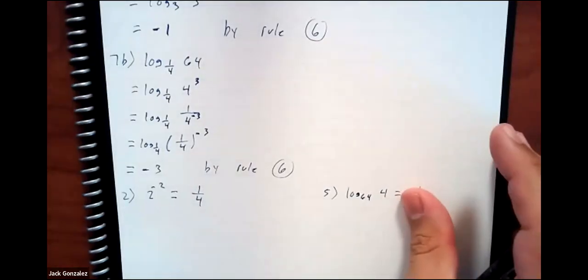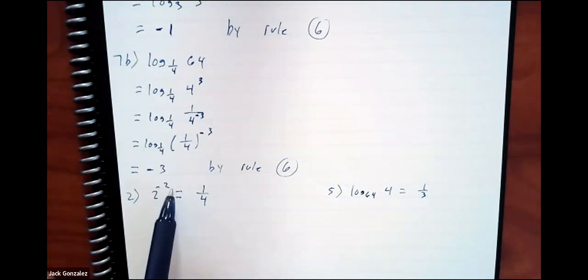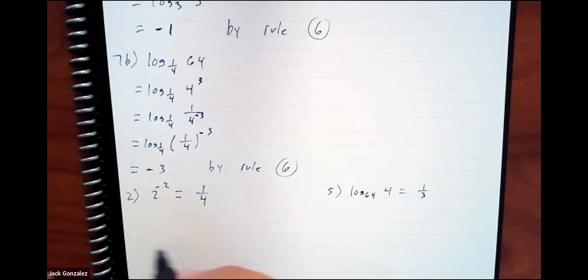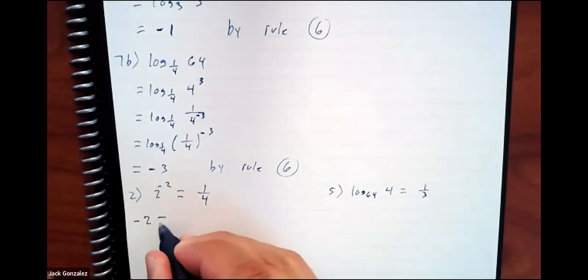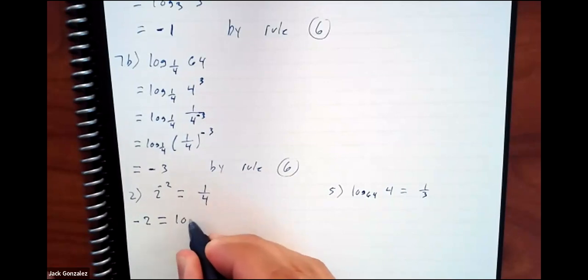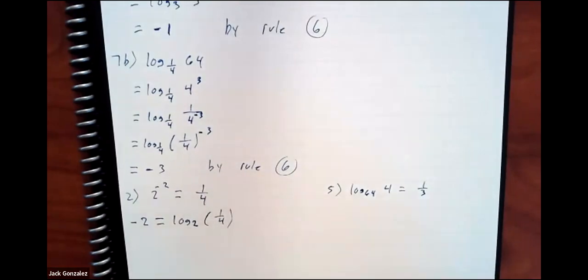All right, for number 2, we said whatever it's equal to is going to be the argument, and whatever is the power is what it's now equal to. So it's going to be -2 equal to log base 2 of the 1/4. So we're just applying the definition.